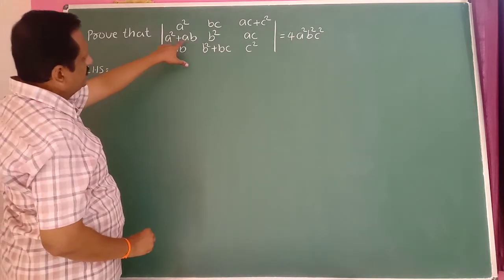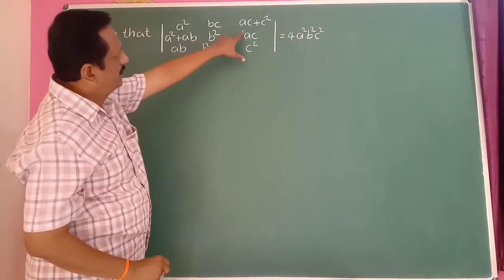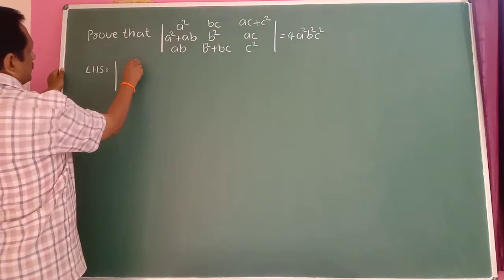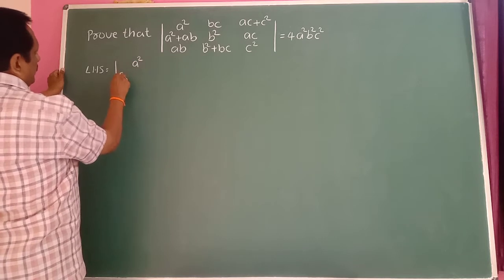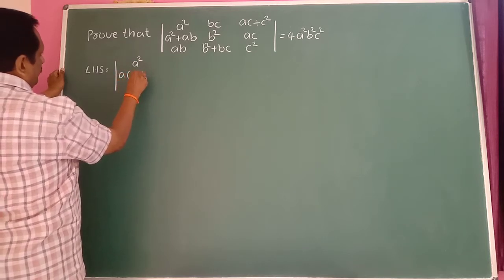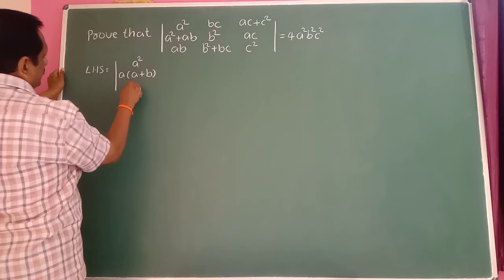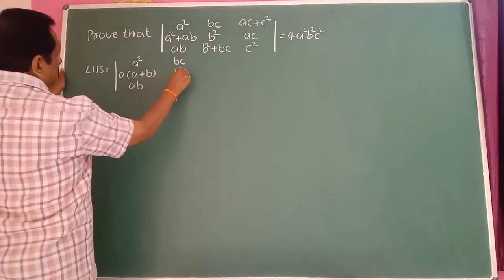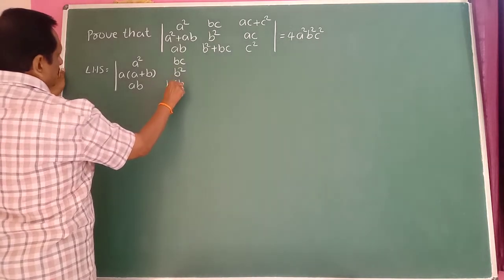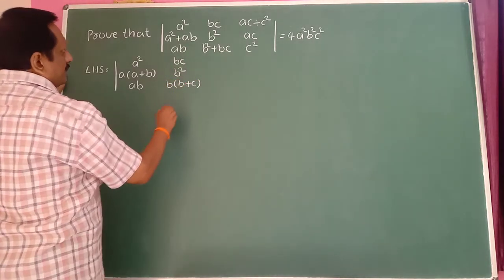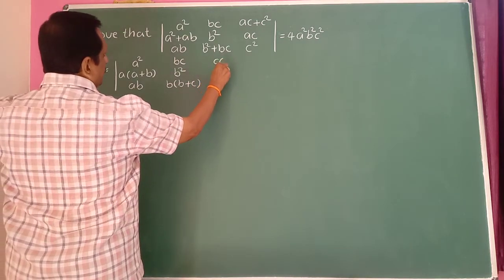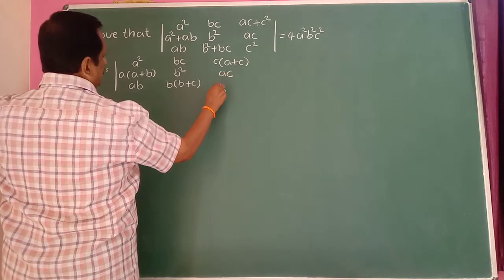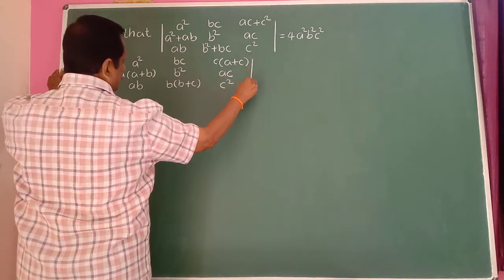In these terms, a is the common factor, here b is common, and here c is common. Hence the determinant of a squared, a into a plus b, ab; bc, b squared, b into b plus c; c common factor, a plus c, ac and c squared.